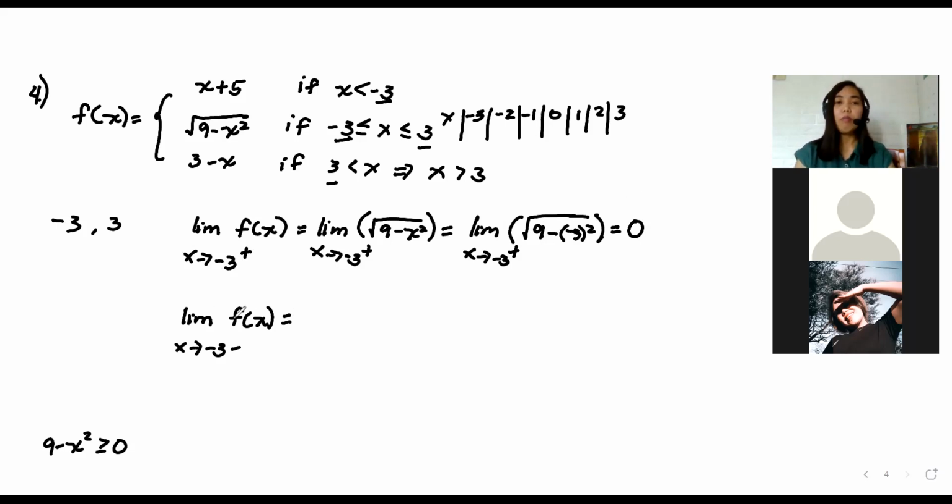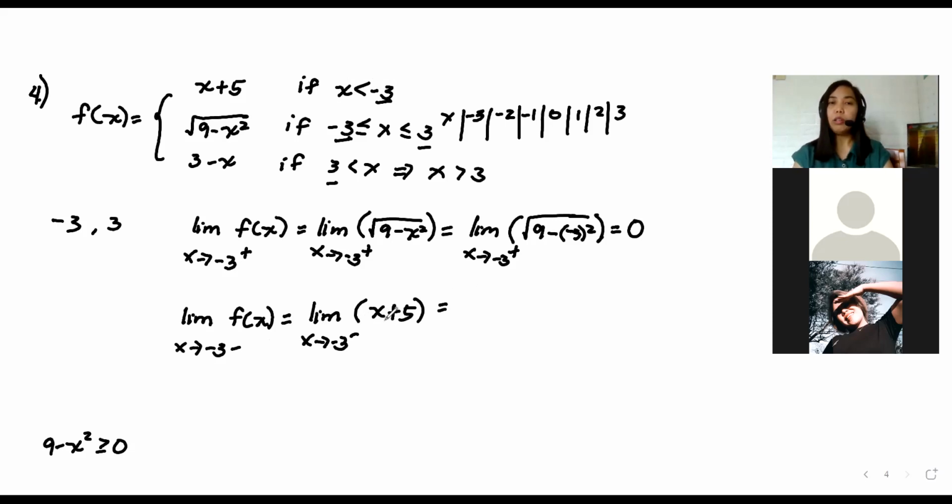Next, the limit of f of x as x approaches negative 3 from the left. So from the left of negative 3, we will have this one, yung less than. Okay, x is less than negative 3. So we will have the limit of x plus 5 as x approaches negative 3 from the left.